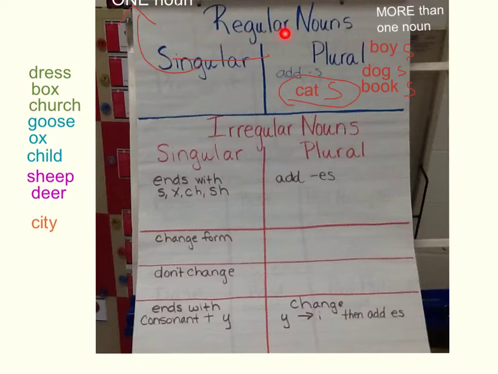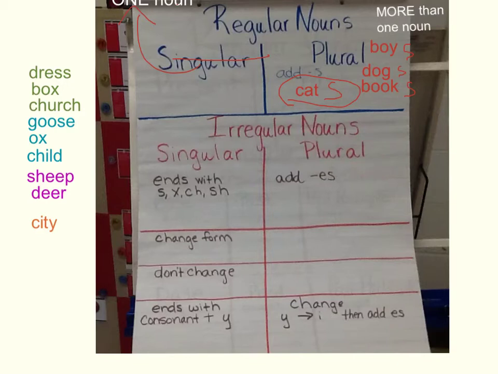The problem is, in English, there are lots of irregular ways to make plural nouns too, which means we have a regular way, but sometimes we break that pattern. We do something irregular, not normal. And it's really important that you know how to do both the regular and the irregular singular and plural nouns so that you can know how to spell those correctly.